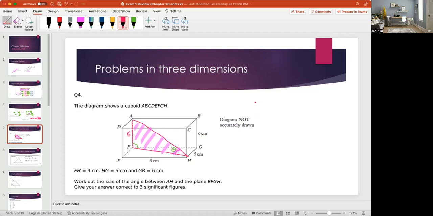Step number 2, eventually we'll say tangent theta equals 6 over FH. If I can know FH, I can figure out angle theta, which is what we're trying to do. But step number 1 will be finding out FH. FH is also part of this triangle at the bottom.